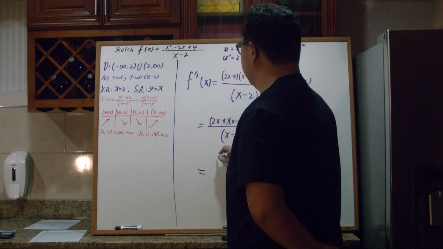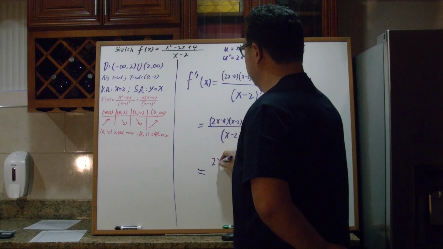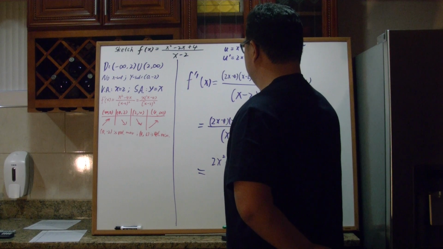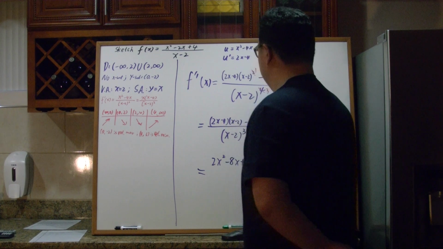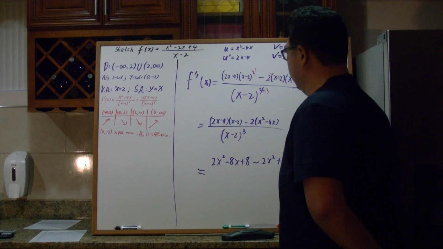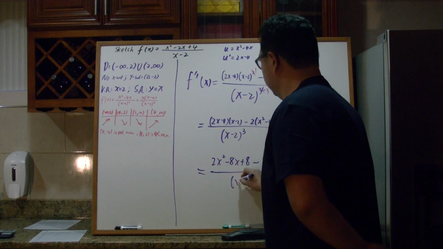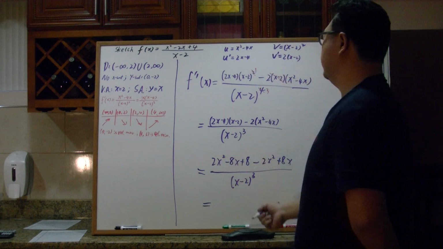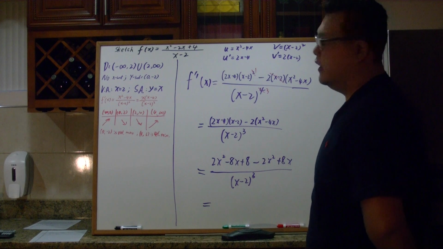By that we get 2x squared minus 4x minus 4x, that's minus 8x plus 8, minus 2x squared plus 8x, which 2x squared cancelled, negative 8x cancelled with 8x.